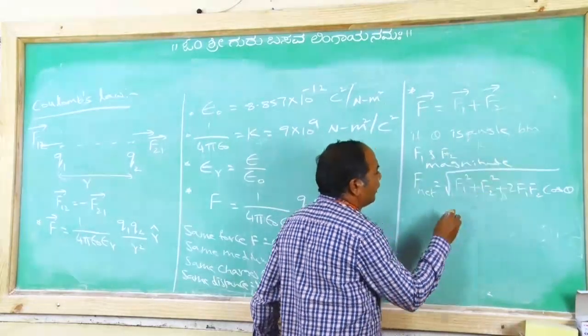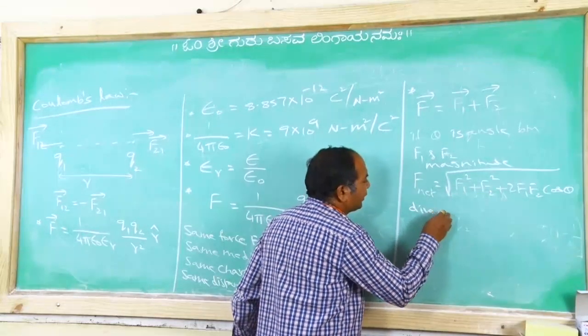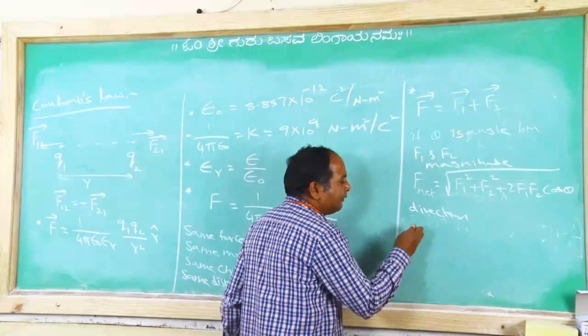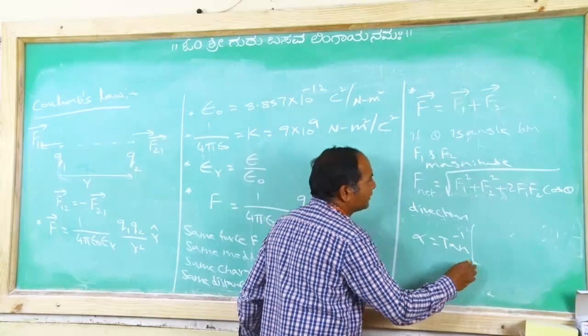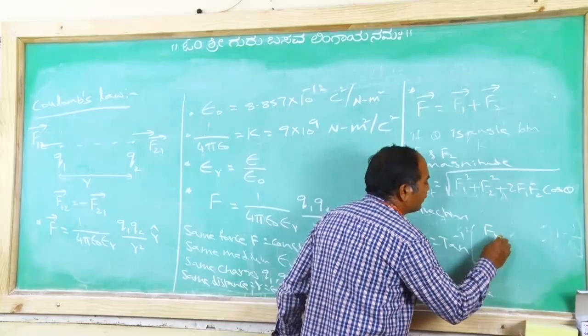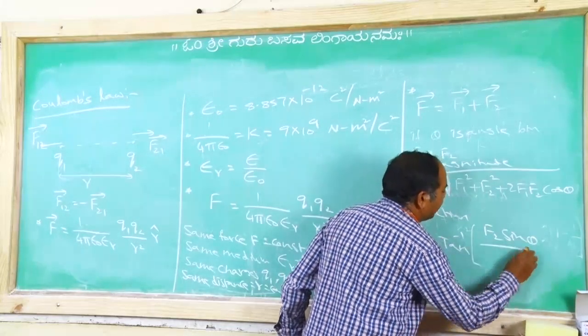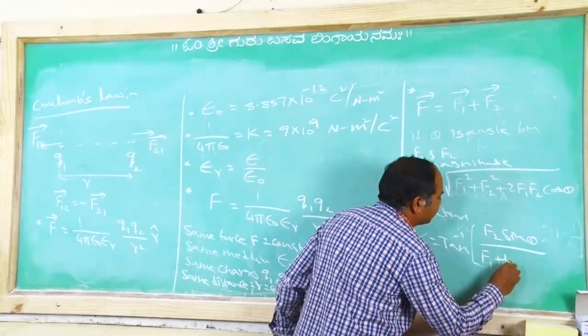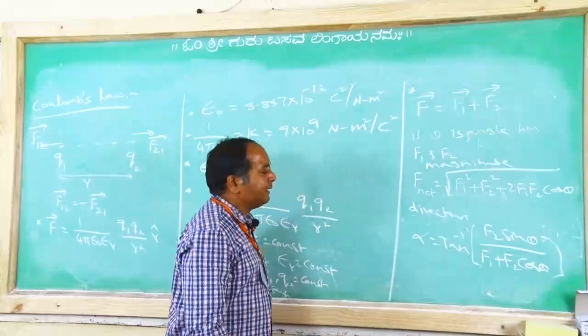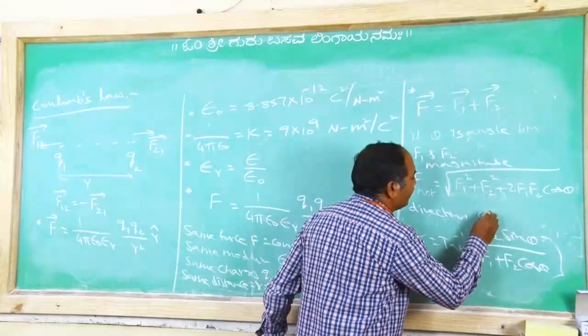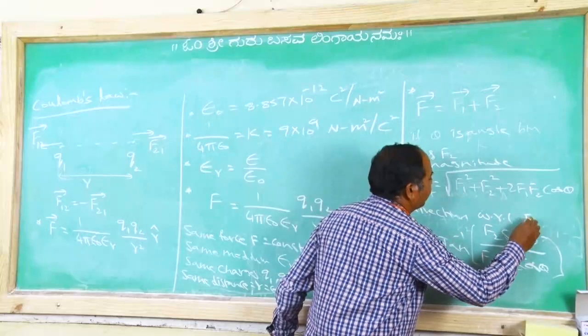Suppose you want to know the direction of the resultant force, then alpha is equal to tan inverse of F2 sin theta divided by F1 plus F2 cos theta. That means this direction is with respect to the force F1.